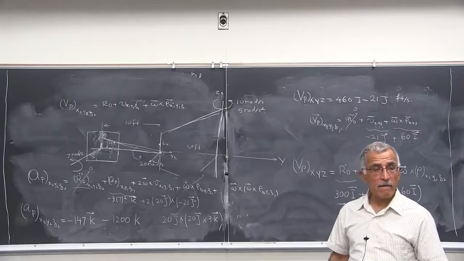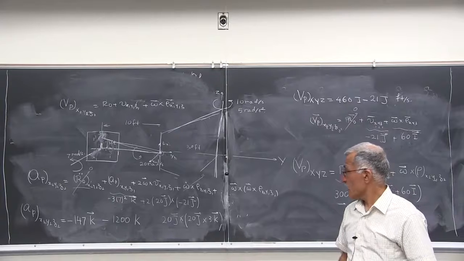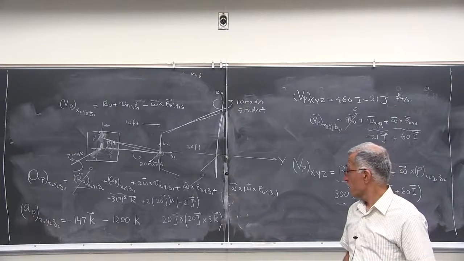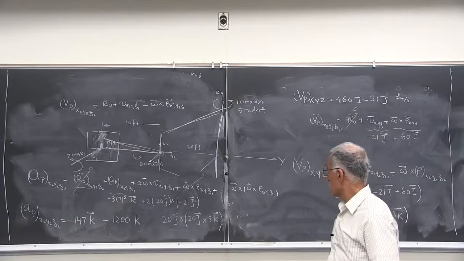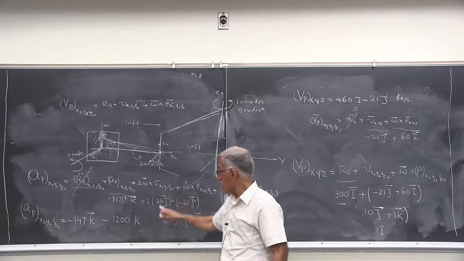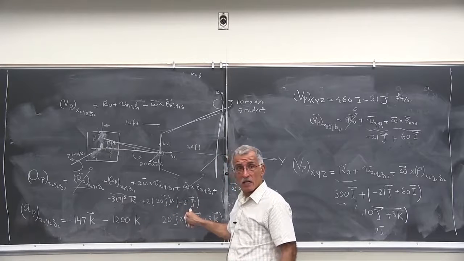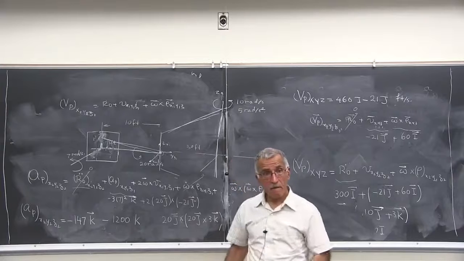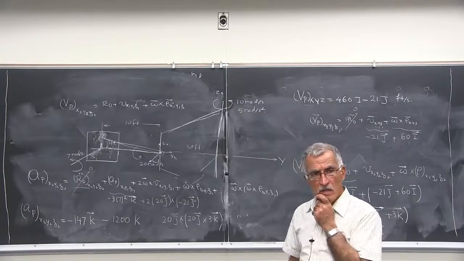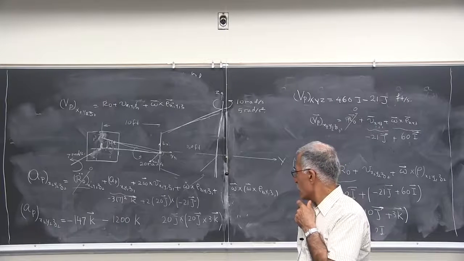What's that? Then 2 times omega times v x1, y1, z1? This one? Yeah, that's j times j. J times j is 0. The later one, I think it's like 2400k.